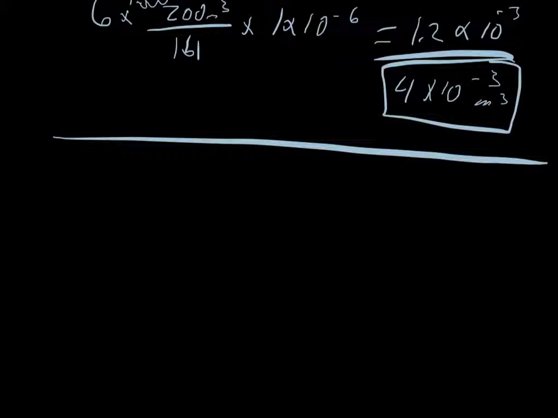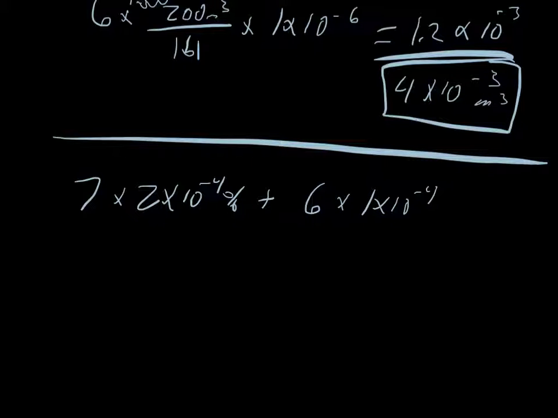You could say, all right, for these blocks again, we've got 7 of them, without changing out of the percent, because I know that can be confusing. So 7 of them at this 2 times 10 to the negative 4th percent. And then there's 7 that don't have any, so we'll just ignore those. And then 6 that have 1 times 10 to the negative 4th percent. Okay?